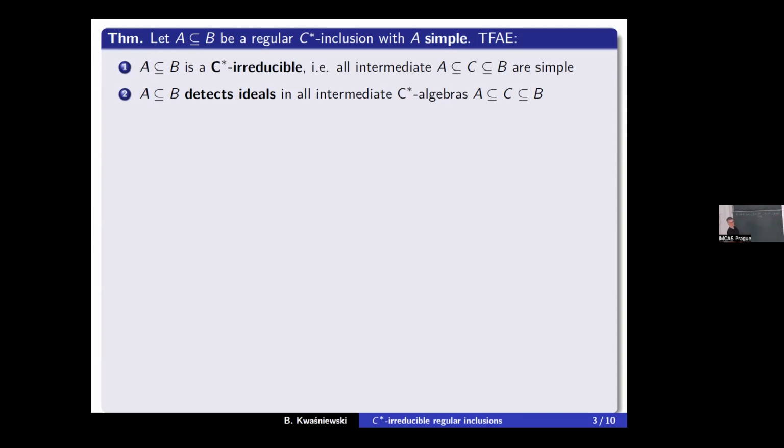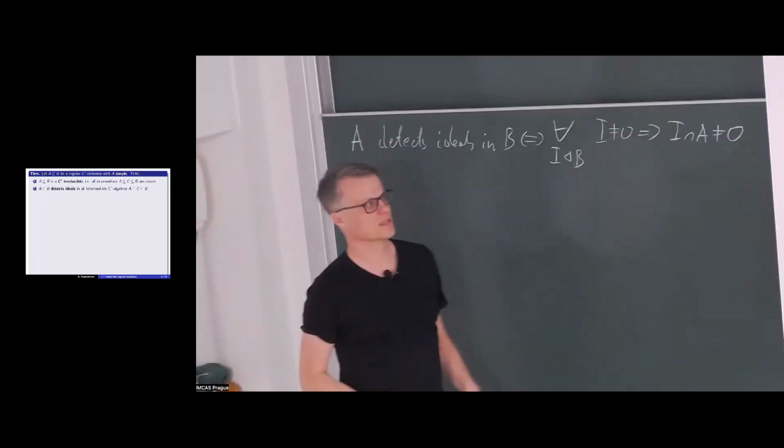So in this sense, A detects ideals. It sees something at least.